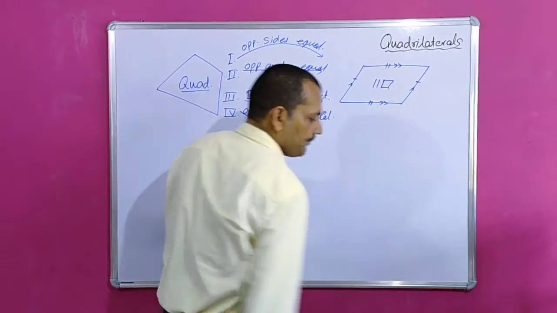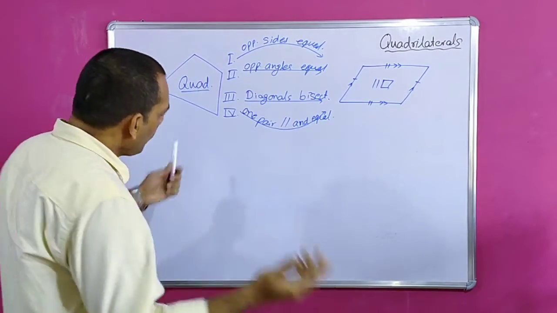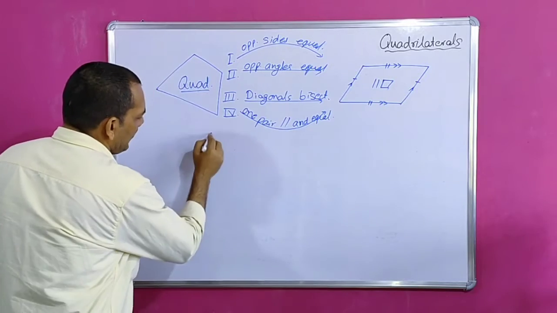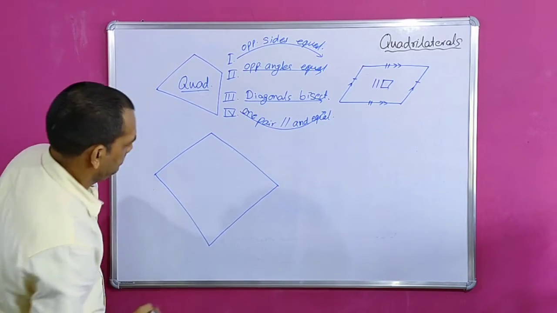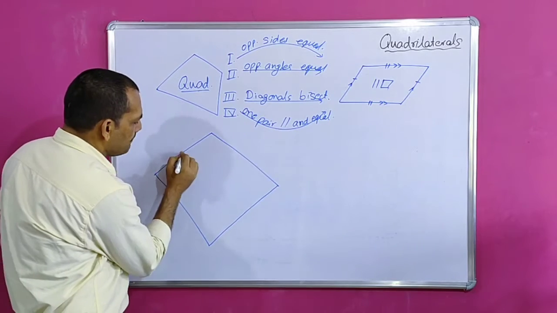In the meantime, what will happen in the case of a quadrilateral if we join the midpoints?